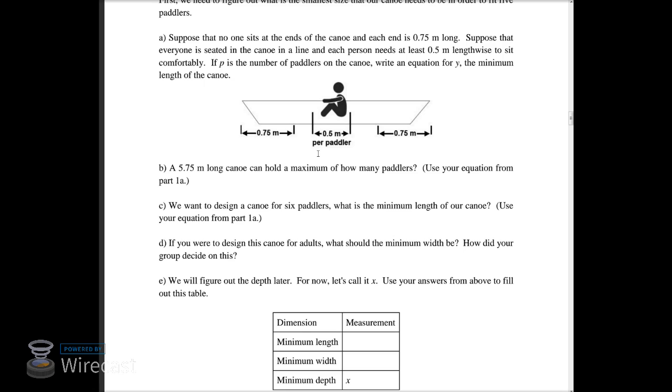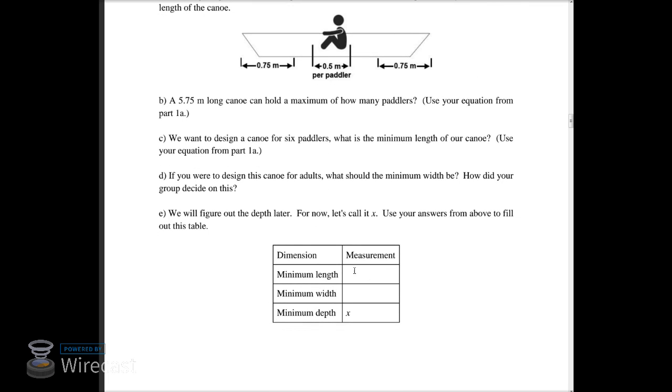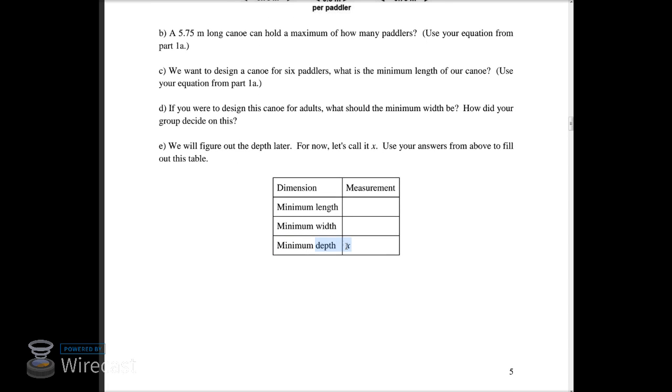And you can write a linear equation where the independent variable is the number of paddlers. And then from that you can figure out the length of the canoe. And you can choose the width, and that gives you the length and the width of the canoe, but we do not have the depth yet. And then the next activity will be determining the depth, well, the next 2 activities.